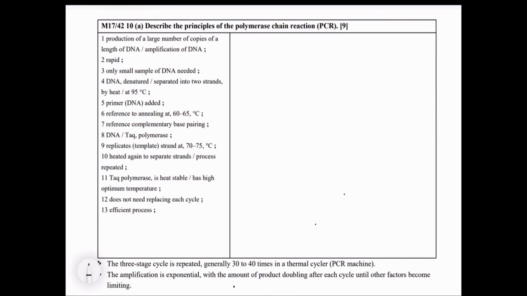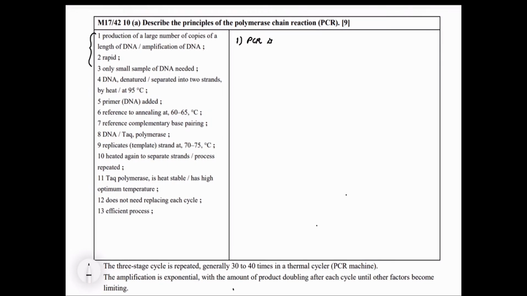An essay on the principles of PCR actually came out in May/June 17, and you realize that the first two marking points are actually about the introduction: what is the use of PCR. So number one, we can say that PCR is a process to produce a large quantity of DNA.